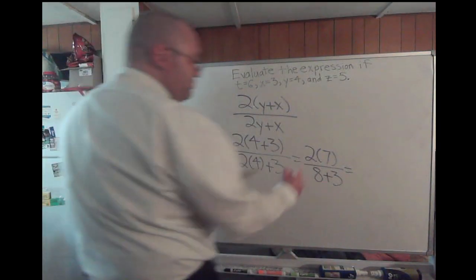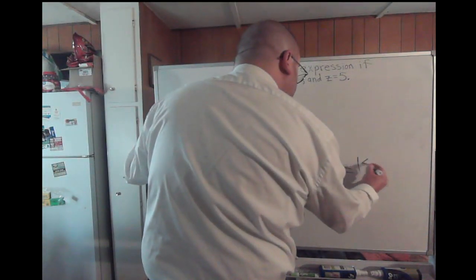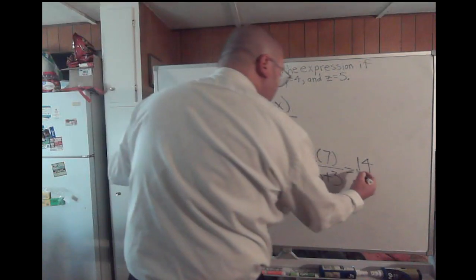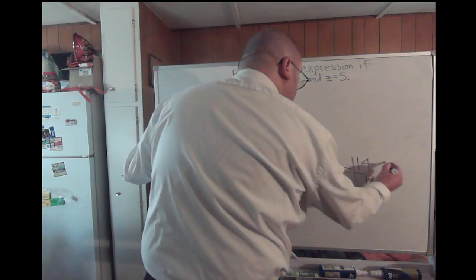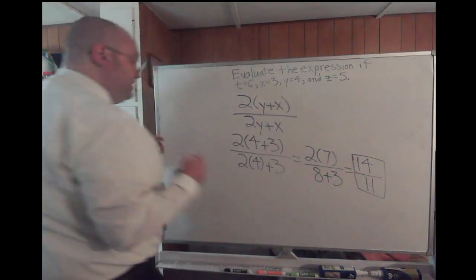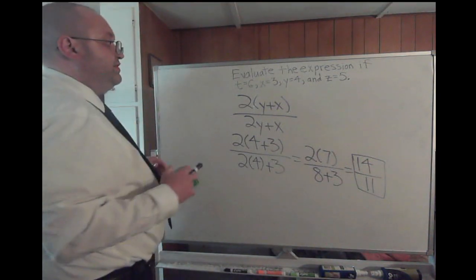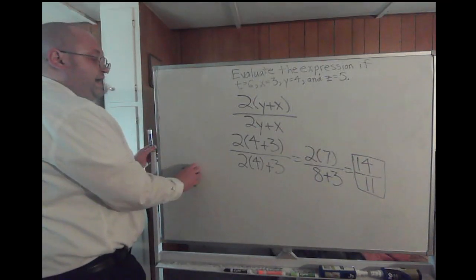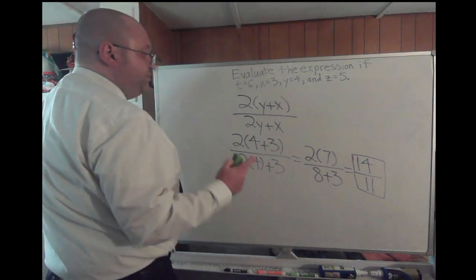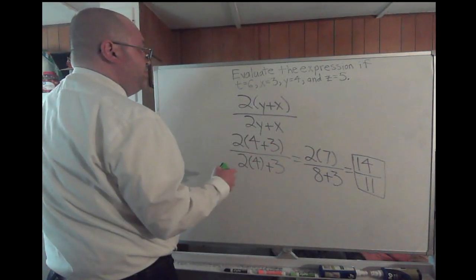In the numerator, 2 times 7, that's 14, the denominator, 8 plus 3, that's 11, so the answer you would get is going to be 14 elevenths. You would get 14 elevenths for the value of this expression after substituting in the values of the variables and doing the order of operations.